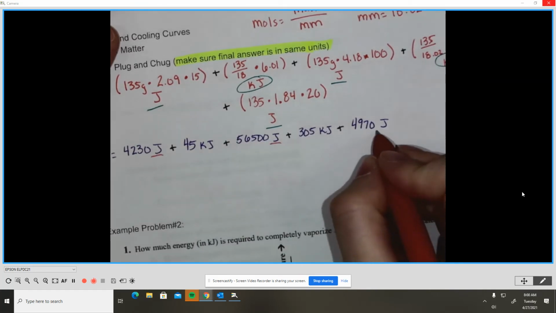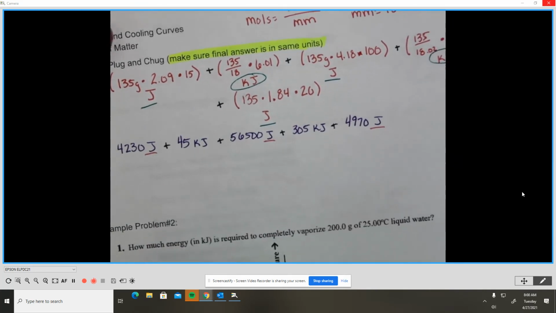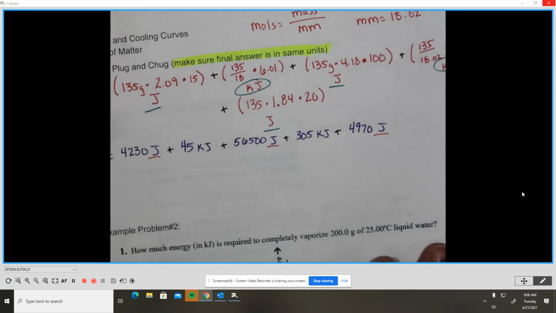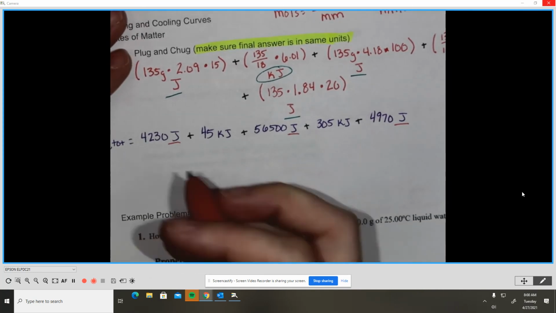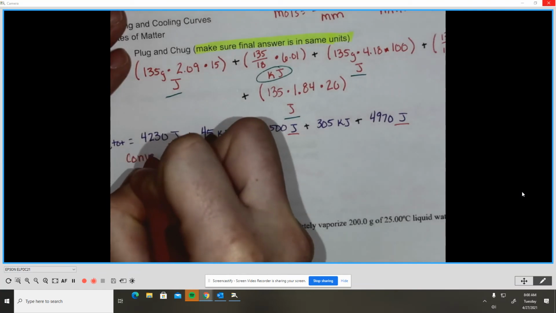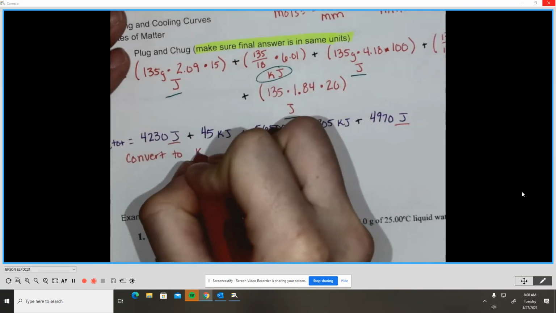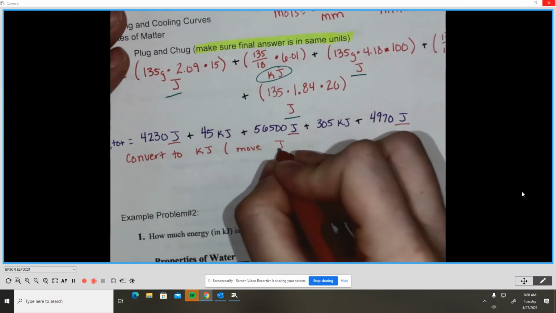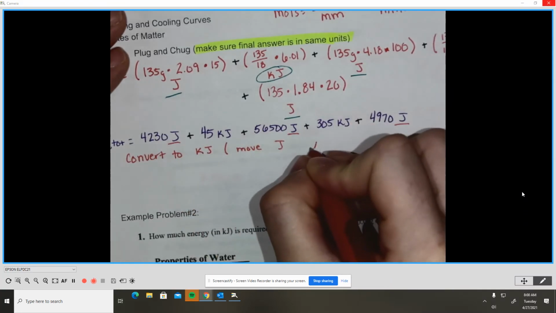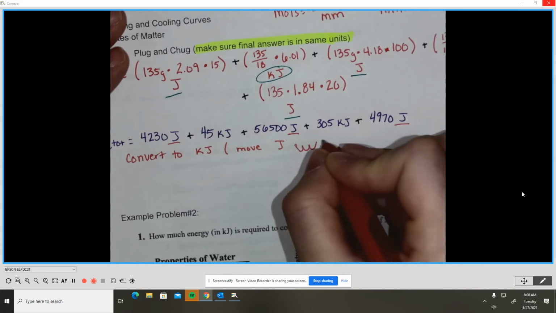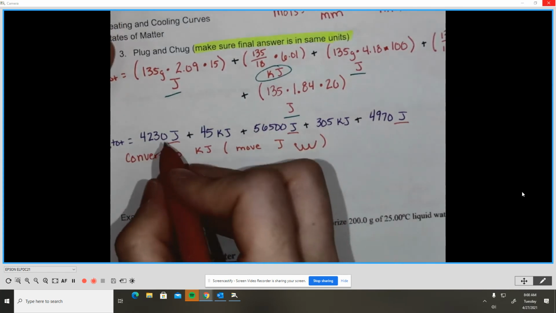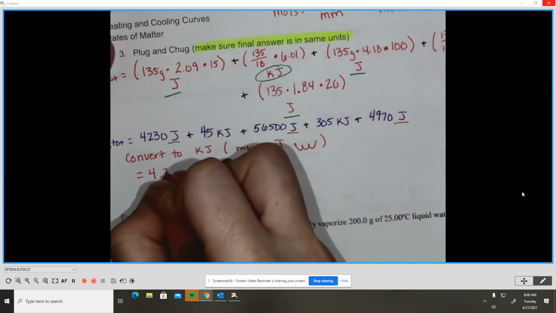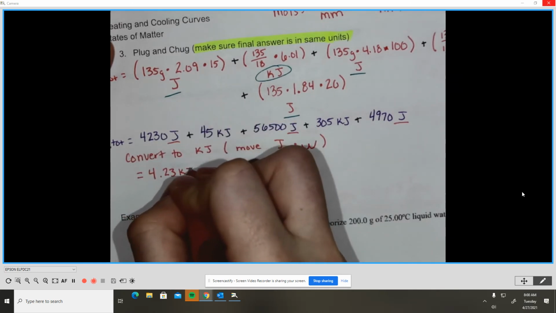We've got joules and we've got kilojoules. I like to have everything in kilojoules. I don't really know why that's my preference, but it is. And it's really easy. So we're going to convert to kilojoules. The way you do that is you move your joules decimal place 1, 2, 3. So we're going to have 4.23 kilojoules.